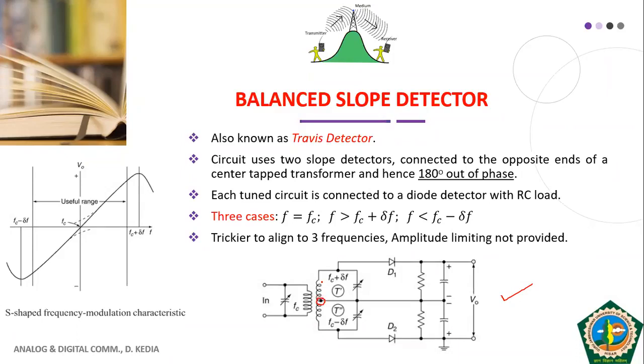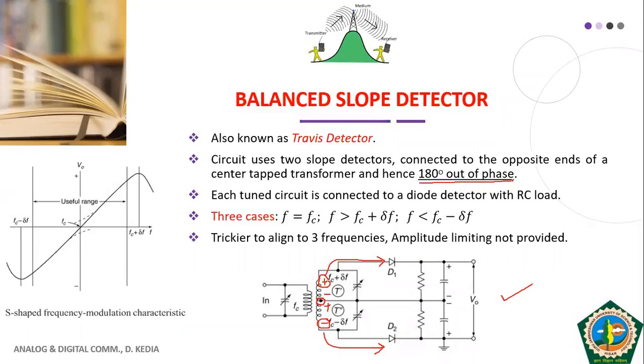In the center tap transformer, your voltage will be induced like this, plus minus and plus minus. So if you look at the two ends of this secondary, your diode D1 will be subject to the positive polarity from this side, and diode D2 will be subject to the negative polarity. That's why the two parts of the circuit are called connected 180-degree out of phase.